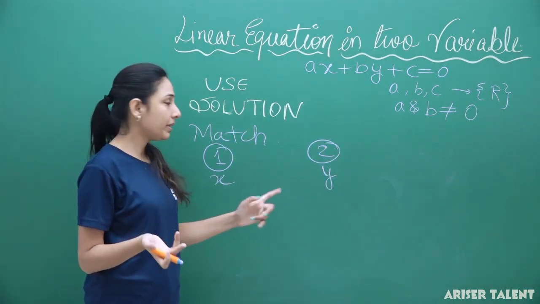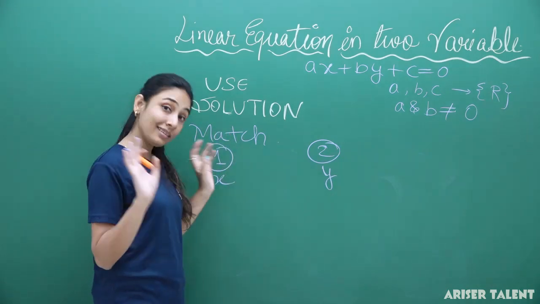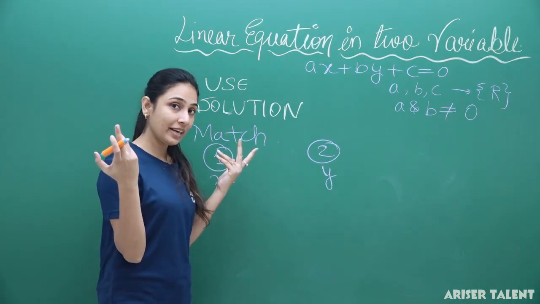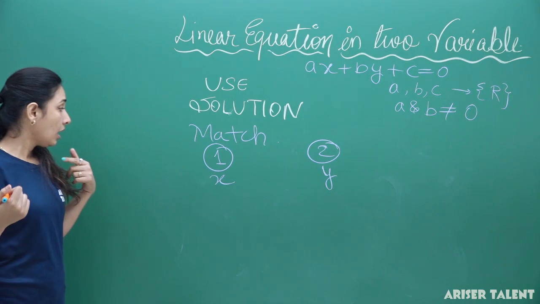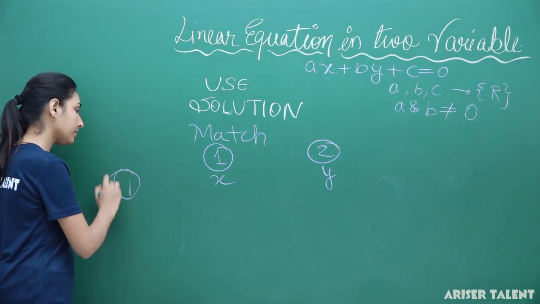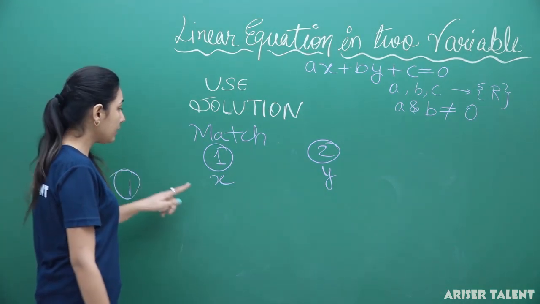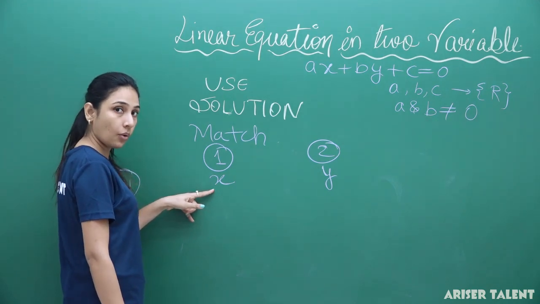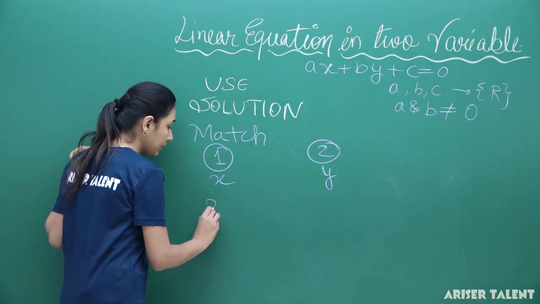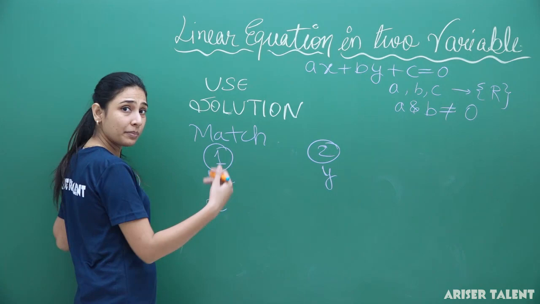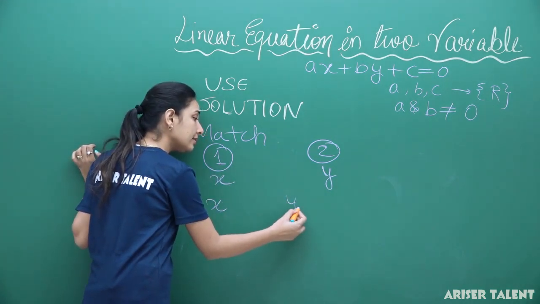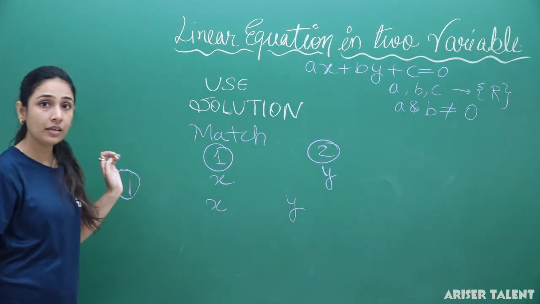I don't know why, but it's y. So x and y. Now in the first match, the first player made some runs, and the second player made some runs.